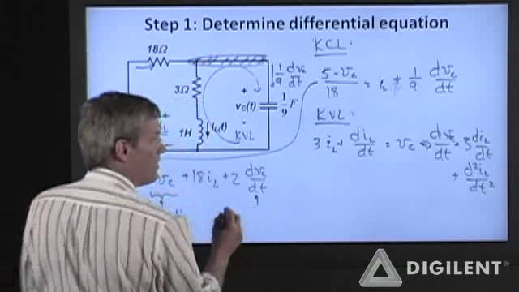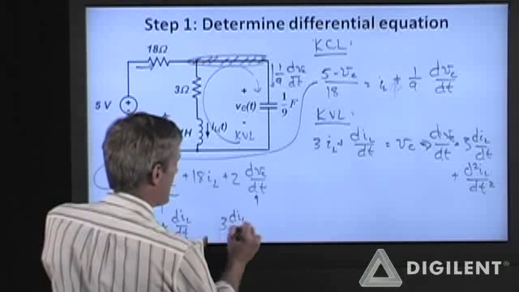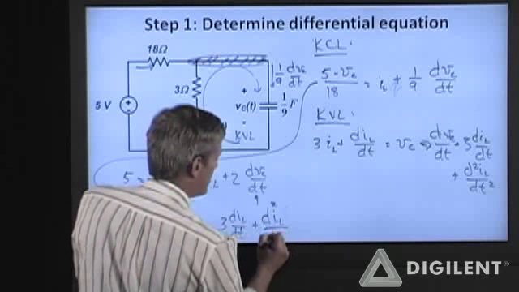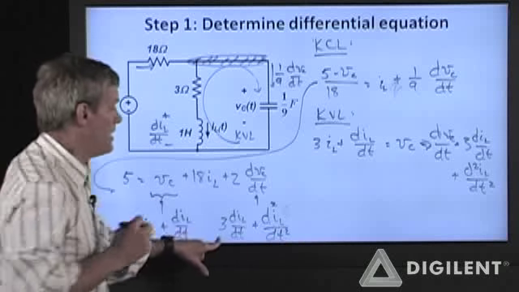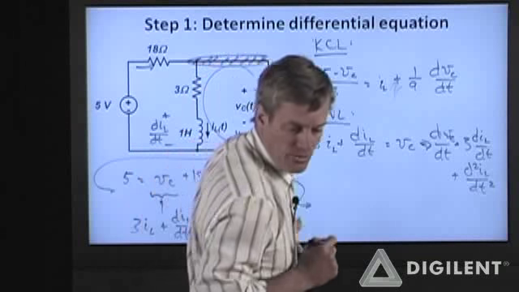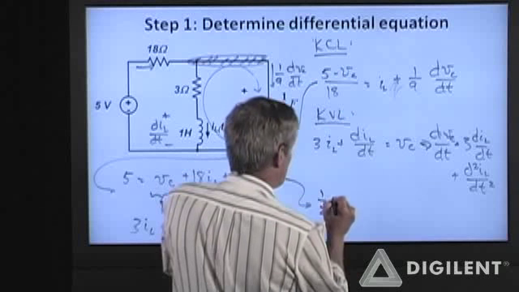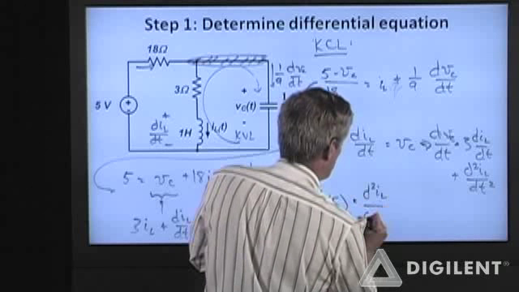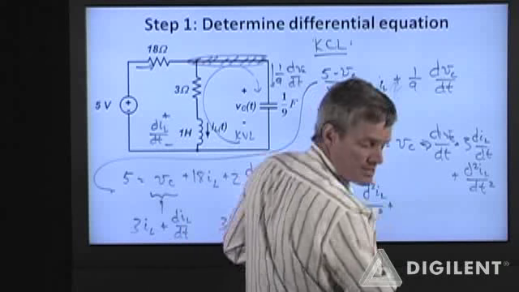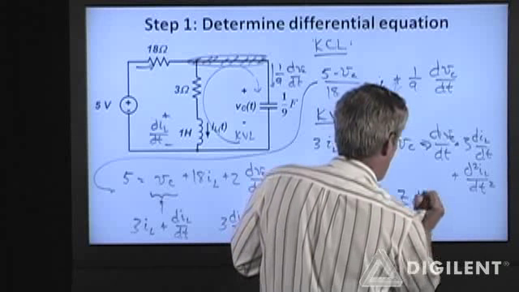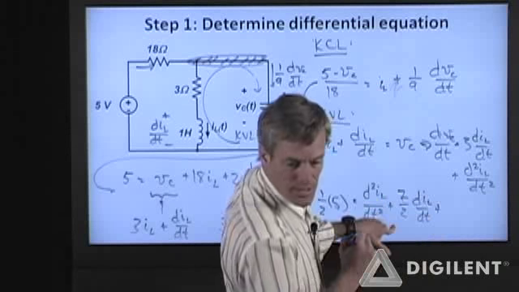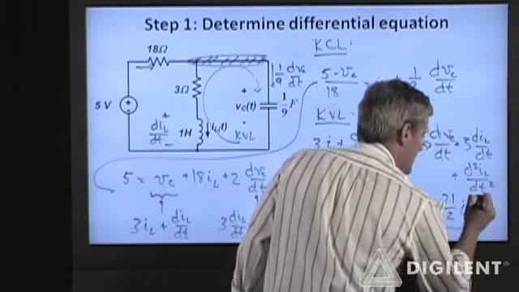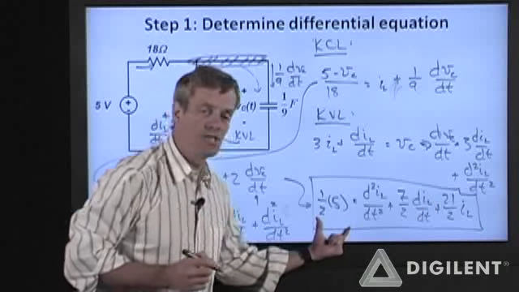So this term here becomes 3 dIL by dt plus d squared IL by dt squared. Combining all that leads me to my final result, which is 1/2 times 5 volts is equal to d squared IL by dt squared plus 7/2 dIL by dt plus 21/2 I sub L. There is my second order differential equation governing the step response.